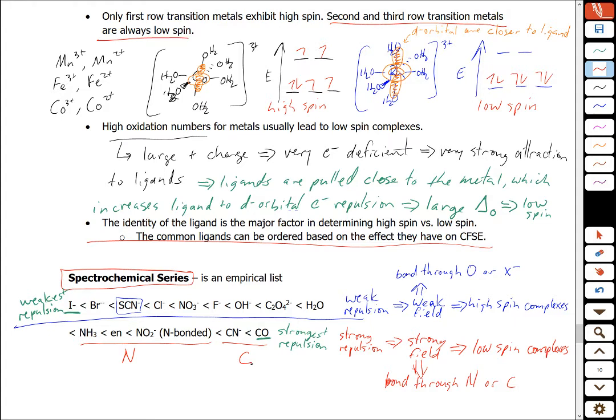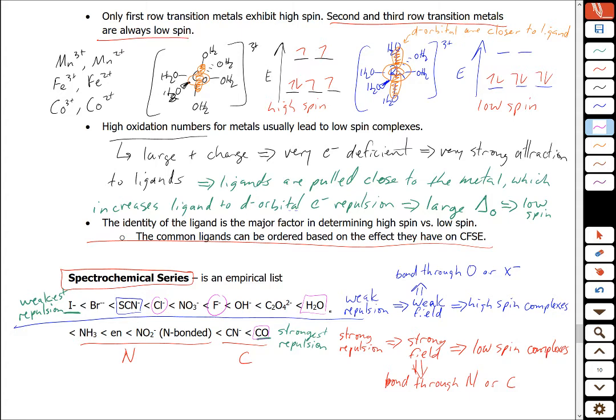I'm also never going to ask you to compare two weak field ligands to each other. I'm never going to ask you which is weaker, chloride or fluoride. I'm not going to ask you which one is stronger, carbonyl or cyanide. That's off the table. What I could do is ask you which is stronger, carbonyl or water.